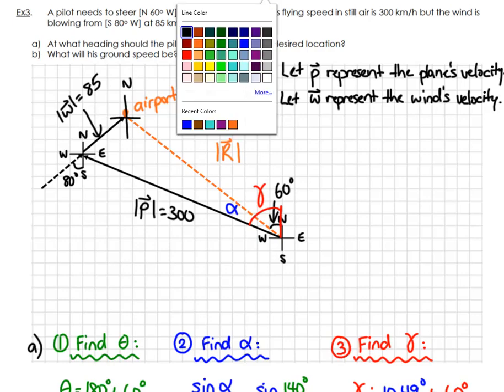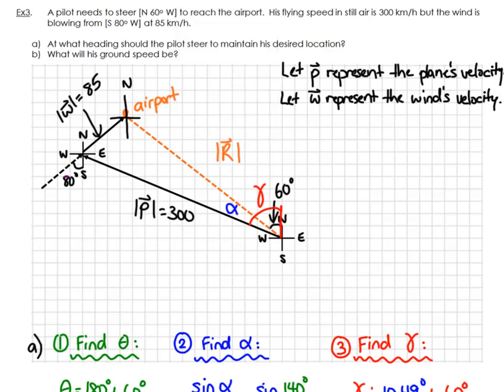If this one is 80 right here, then that means that this guy will also be 80. If this is 60 right here and it looks like I can make a Z, which is alternating angles, well then that means that this is also 60. So I have this entire angle of 140. Booyah, I got an angle inside my triangle.